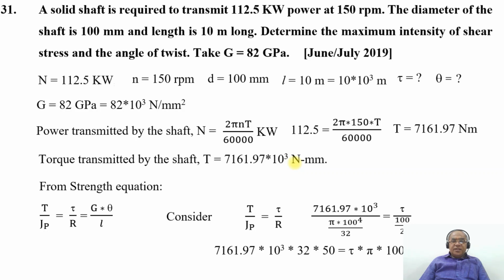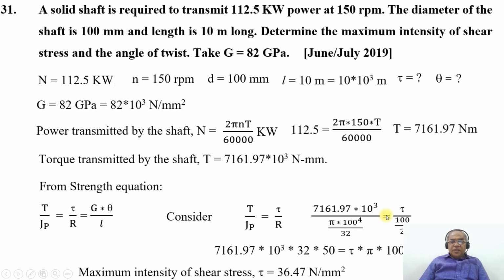On further simplification, we get 7161.97 into 10 to the power of 3 into 32 into 50, because 100 by 2 is 50, equal to tau into pi into 100 to the power of 4. Therefore, the maximum intensity of shear stress tau will be equal to 36.47 Newton per mm square.